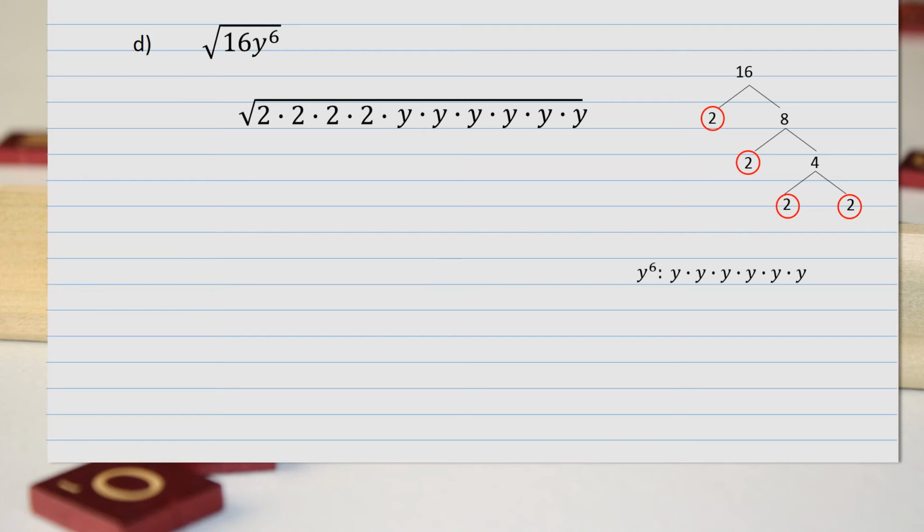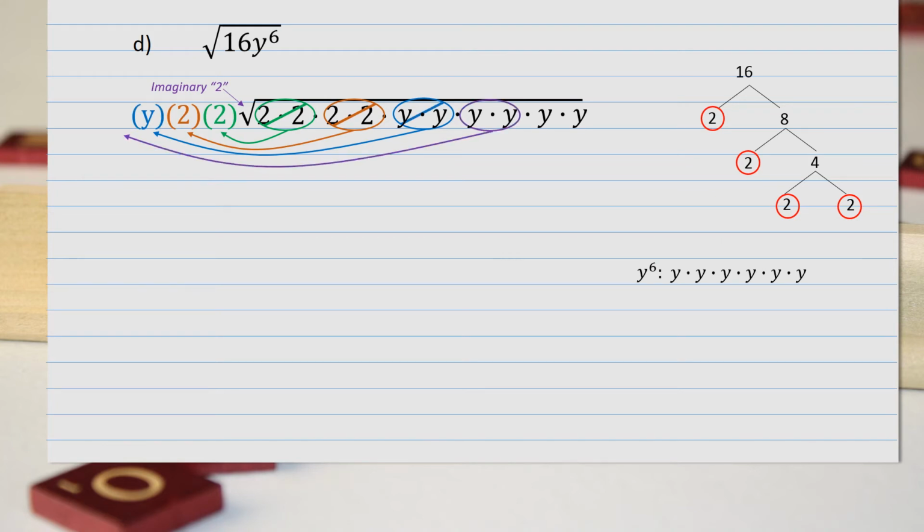Now we look to the index, and we have an imaginary 2, which means we must find pairs of values. Notice we have a pair of 2's, another pair of 2's, a pair of y's, and another pair of y's.